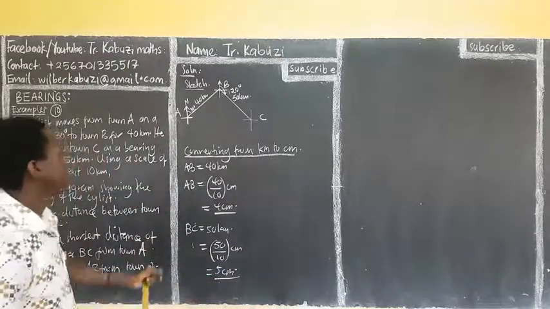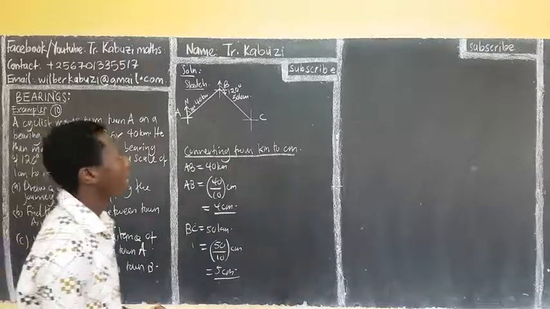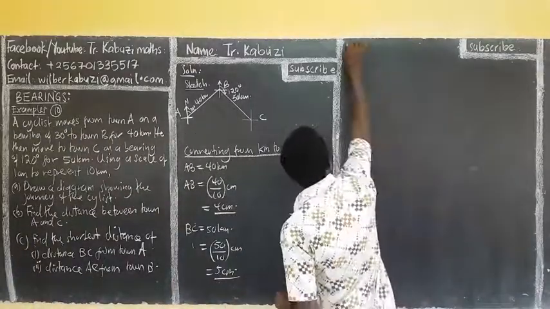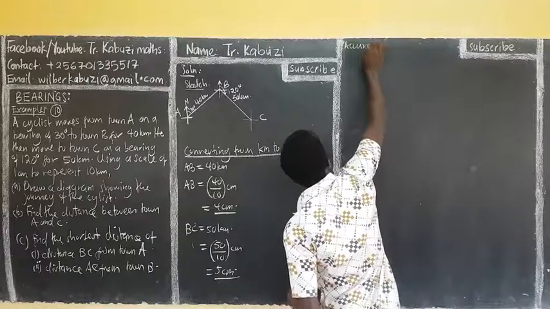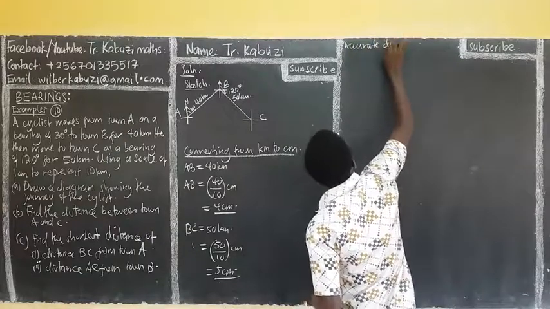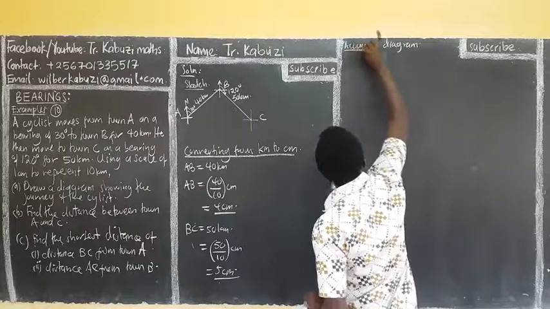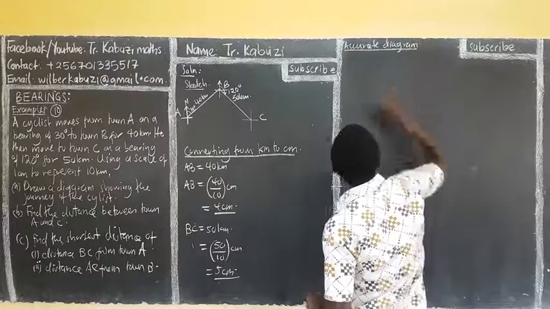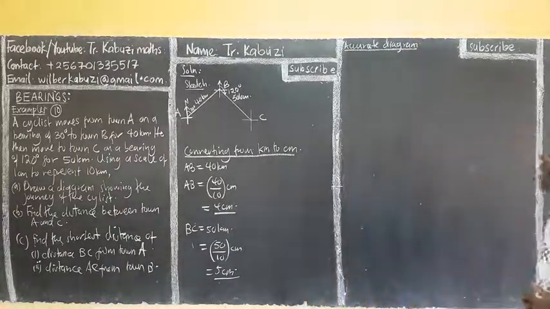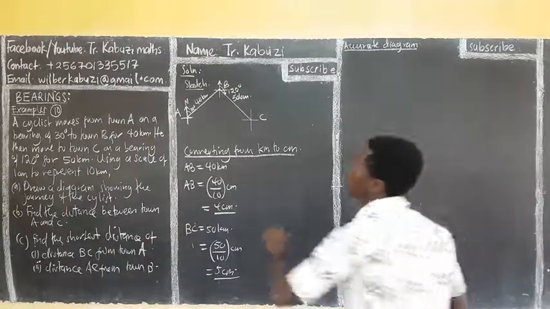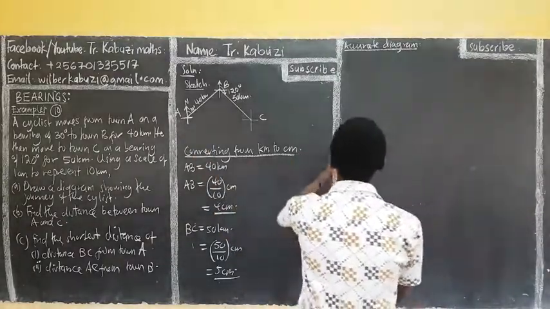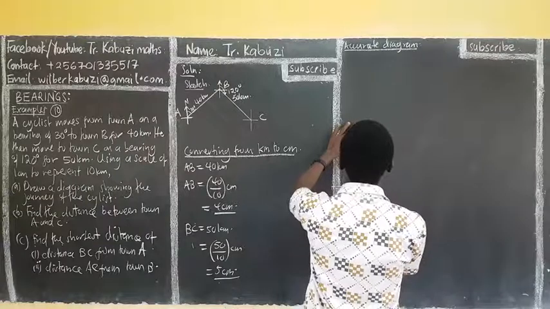So after doing that, I come to my accurate diagram, of course with a pencil. To start with, I'm starting with point A. So I put my point A over here.